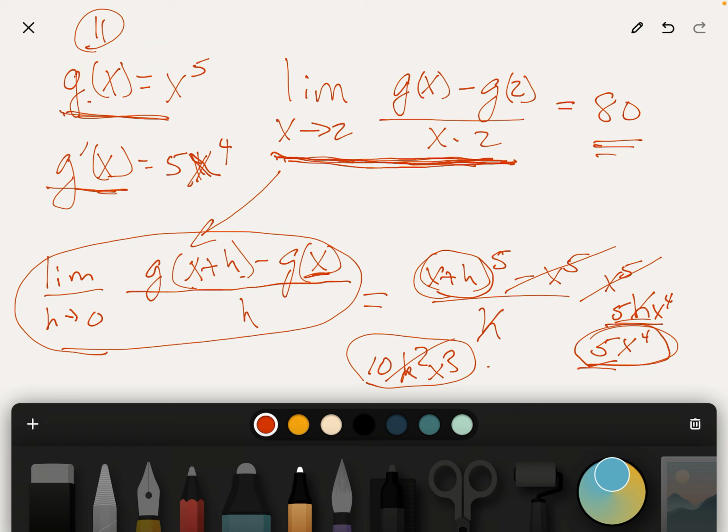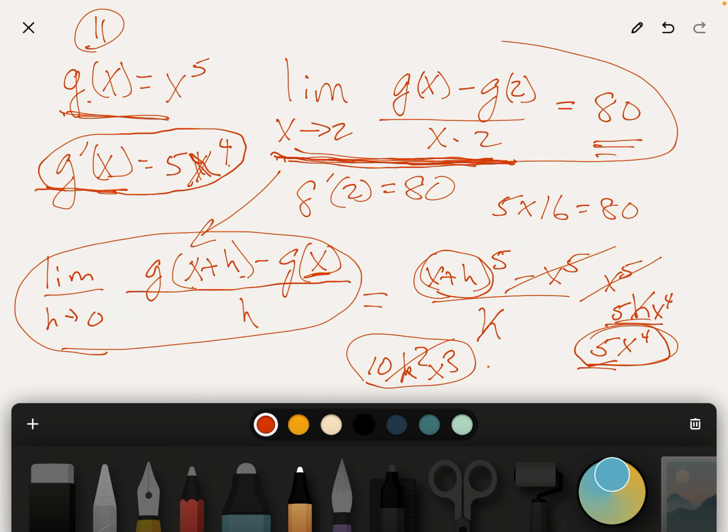Or in this particular case, you just say, well, we know g prime of x is 5x to the fourth, and therefore we know that g prime of 2 is going to equal 80. That would be 2 to the fourth, of course, is 16, and 5 times 16 equals 80. So this is a true statement.